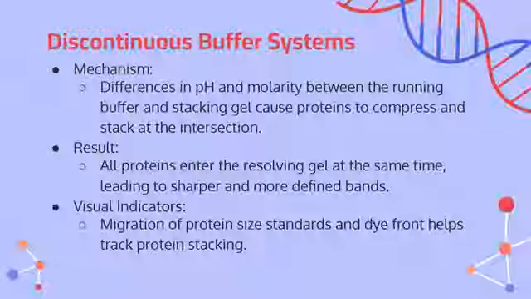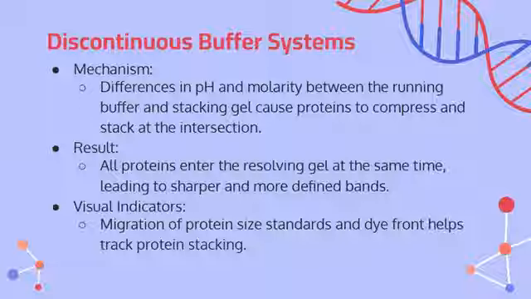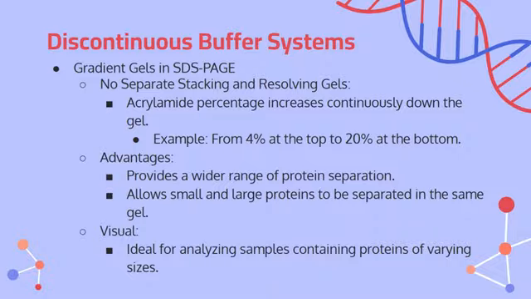We can see visual indicators, so migration of protein size standards and the dye front help track protein stacking, so we can see them separate out. So with gradient gels in SDS-PAGE, we have no separate stacking and resolving gels. The acrylamide percentage increases continuously down the gel.